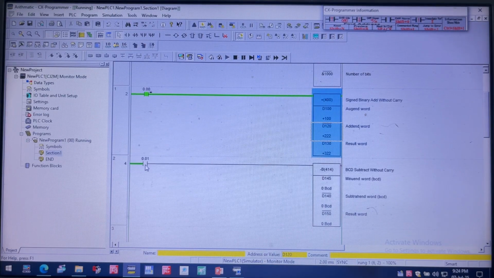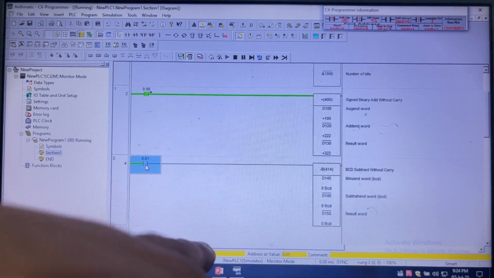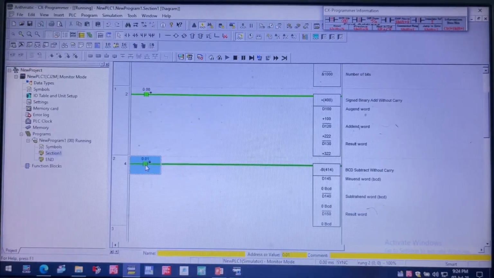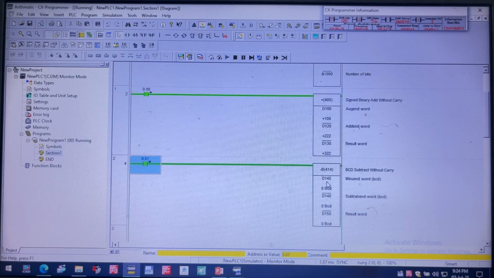The input 0.01 is on first. Now the subtract instruction: D145 is the minuend, the subtrahend word is D140, this value minus this value, and the result goes to D150.